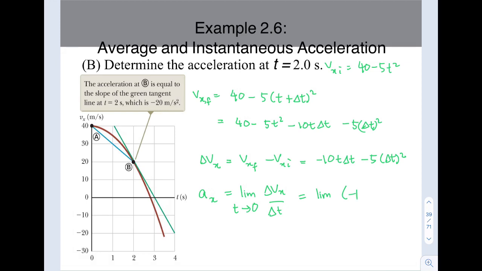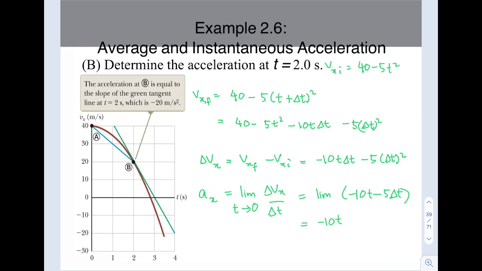So the limit of negative 10t minus 5 delta t is equivalent to negative 10t.